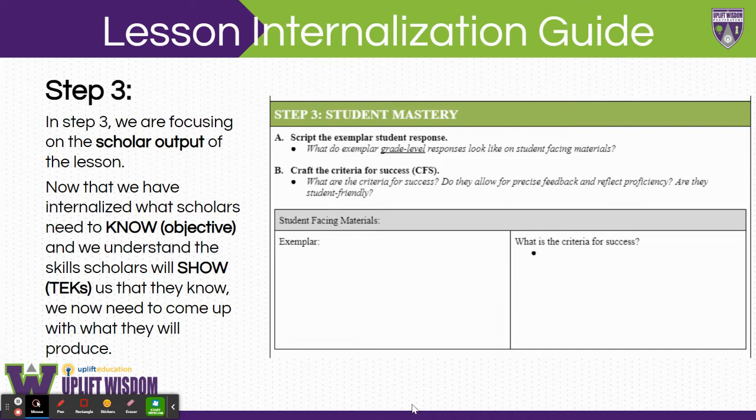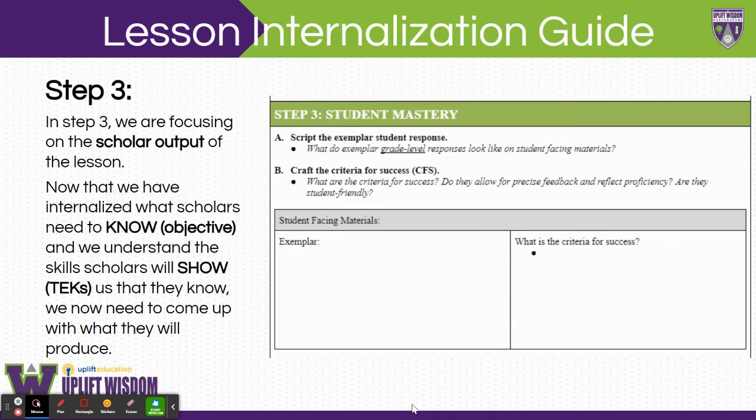When we broke down our TEKS, we broke it down into know and show. What scholars need to know by the end of the lesson is the objective. How are they going to show you that they know that objective? The skills, the TEKS.